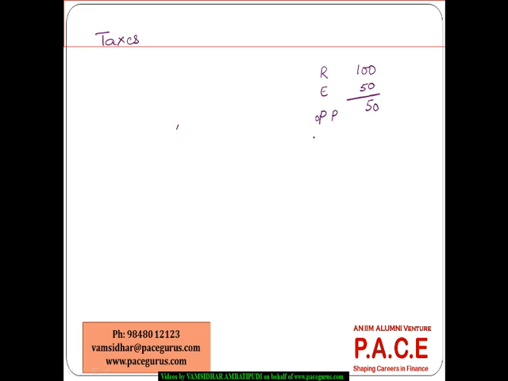In general, in the taxation systems of the country, in majority of the countries, the interest is put up here. Let's say if the interest is 20 on the loan that you have taken, this becomes the profit before tax.